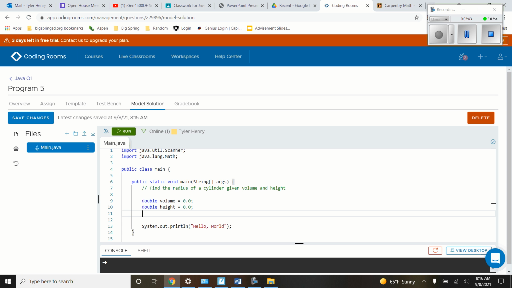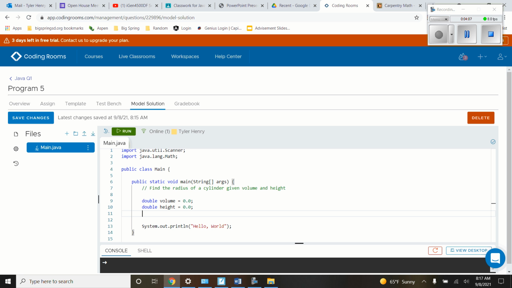I'm going to have to divide by pi or 3.14 times the height, because remember the formula was pi r squared h.